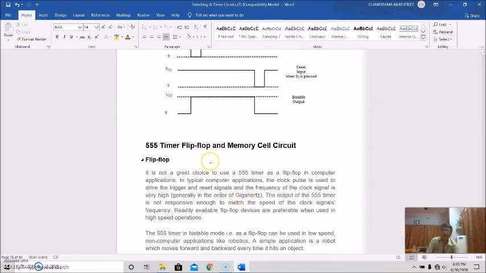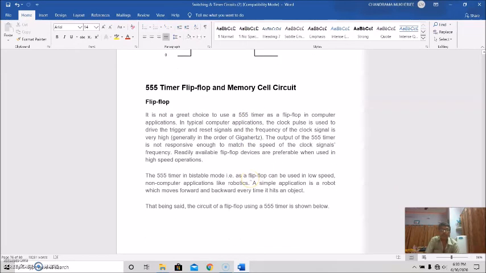Now we'll discuss the applications of the 555 timer as a flip-flop and as a memory cell circuit. It is not a great choice to use a 555 timer as a flip-flop in computer applications. In typical computer applications, the clock pulse is used to drive the trigger and reset signals, and the frequency of the clock signal is very high, generally in the order of gigahertz.